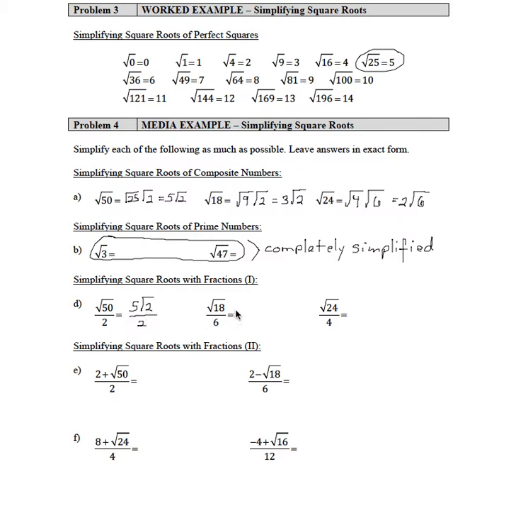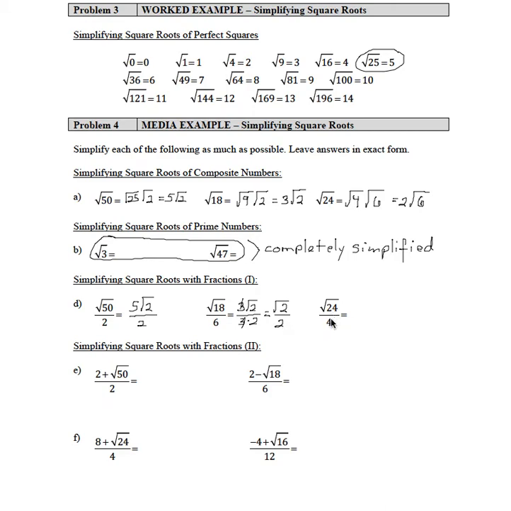Square root of 18 over 6. Square root of 18 we found was 3 times the square root of 2. And 6 I know is 3 times 2. So the 3 is a common factor I can remove, leaving me with the square root of 2 over 2 as my final result.